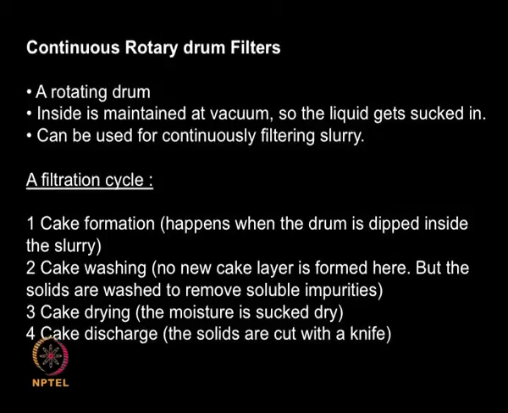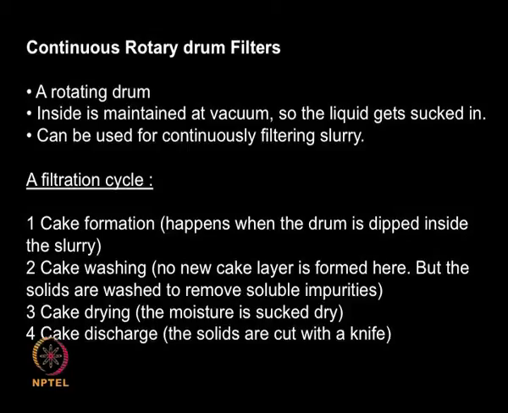You have a large drum rotating slowly and there is a vacuum applied inside the drum, so the slurry gets sucked in, the solids get retained on the surface of the drum, and the liquid travels right inside. As the drum rotates, you may have washing of the cake that is deposited on the surface of the drum. So if there are any impurities which dissolve in the washing liquid, they dissolve and get sucked in.